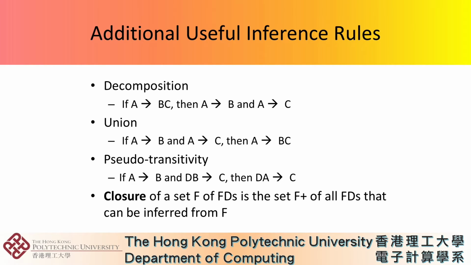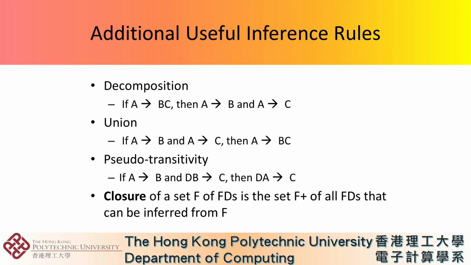Decomposition: if A functionally determines BC, then A functionally determines B, and A functionally determines C. Union: if A functionally determines B, and A functionally determines C, then A functionally determines BC.